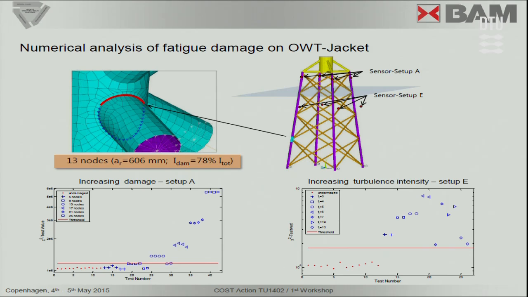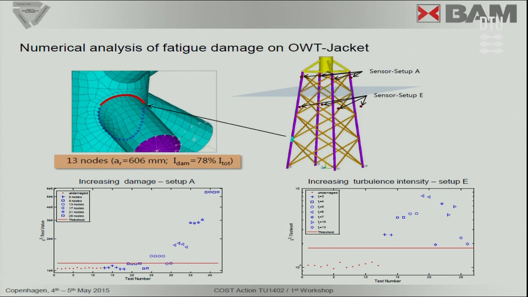and here you see the result for a sensor setup with all four 3D sensors above sea level, which is quite useful because it saves cost for installation and maintenance of the sensors.